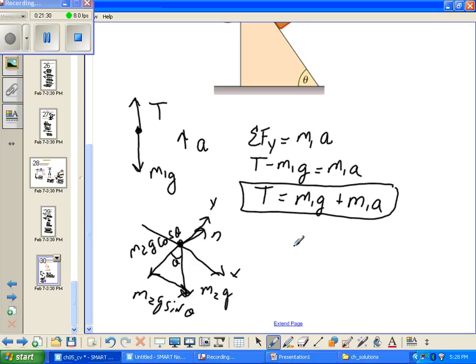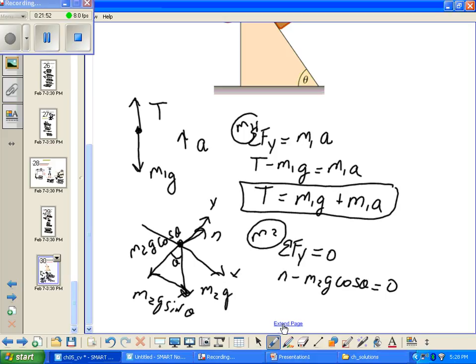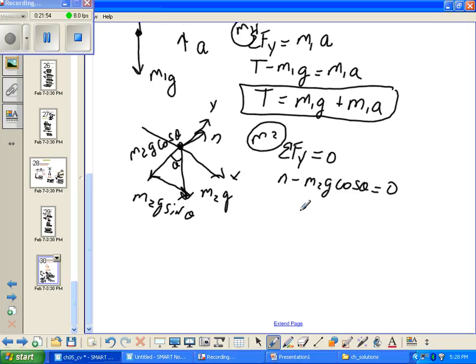All right, let's see. Well, in this case as well, let's label this as M1, this is M2. In this case for M2, N minus M2G cosine theta is equal to 0 since the block stays in contact with the incline, and so we solve for N as M2G cosine of theta.